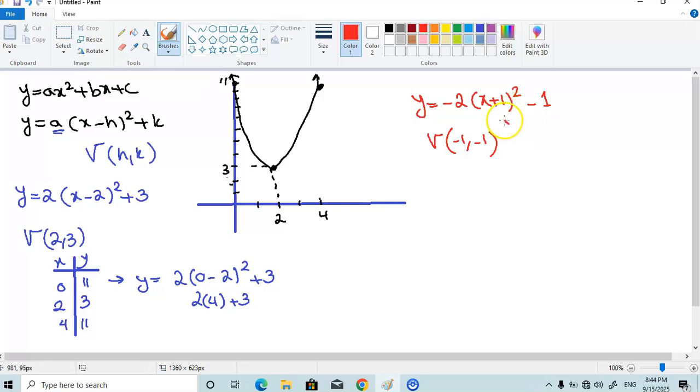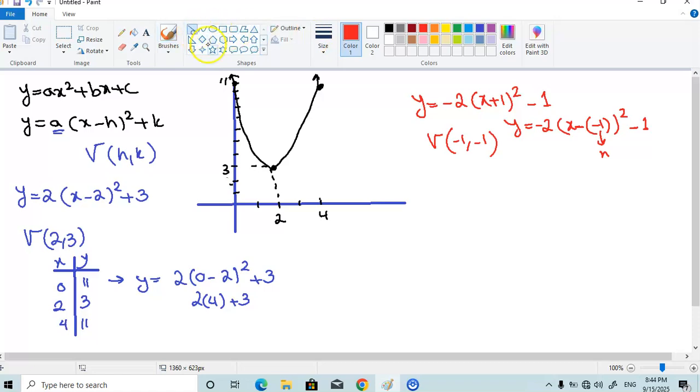Teacher, why -1? Because you're supposed to cancel the minus that you have in the formula. So it's actually x minus -1 to the power of 2 minus 1, right? So the h is going to be -1. That's the thing that I have to point out, and I need you to pay attention to.